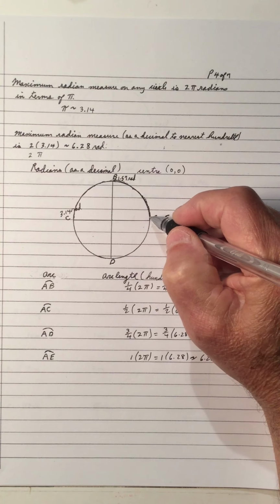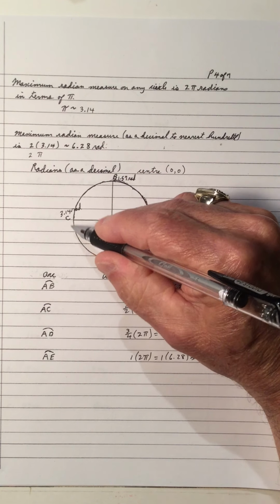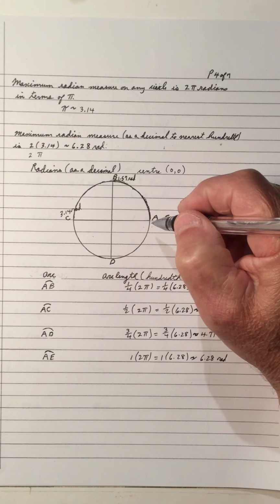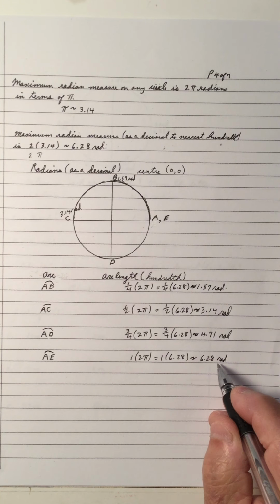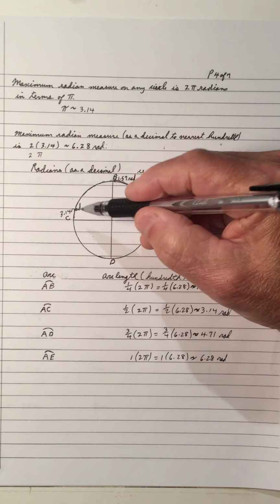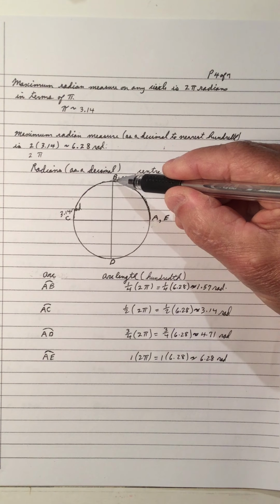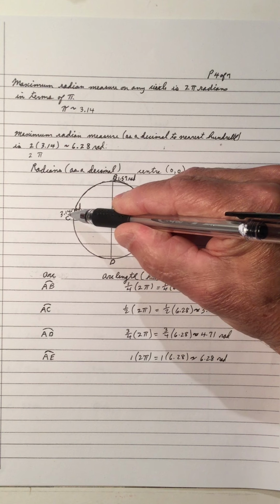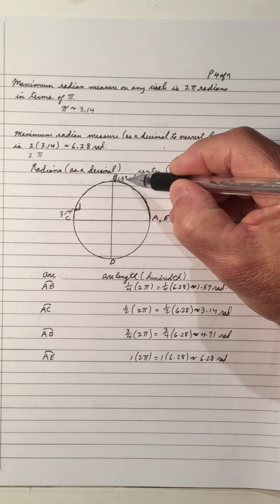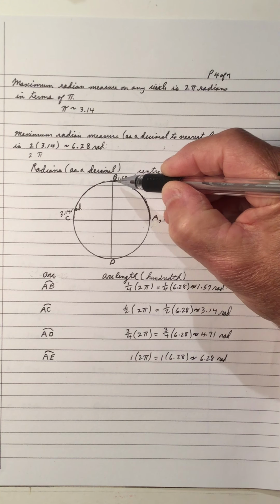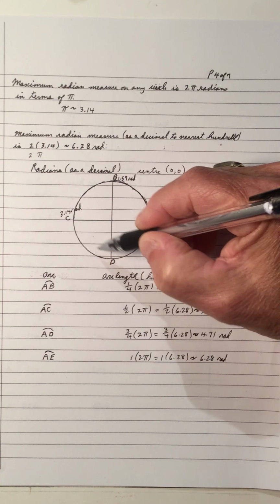So when you travel one complete revolution around a circle, you will travel 6.28 radians. If you go halfway, you get 3.14. If you go 1/4 of the way, you get a half of 3.14, which is 1.57. Now notice this is a 90, 180, and a 90.